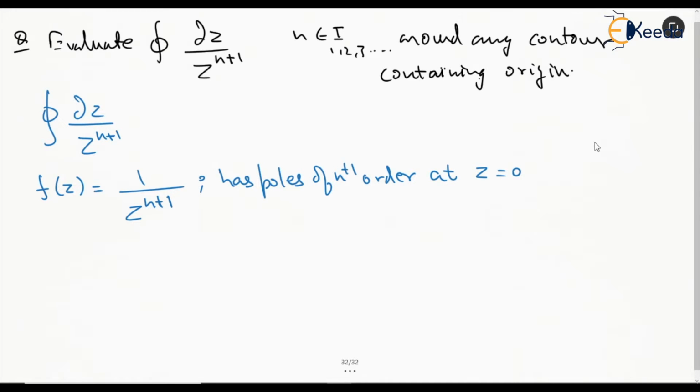Correct? This denominator is z to the power of n plus 1, so z equal to 0 will be treated as the pole, and the order of the pole is n plus 1, and obviously we have a contour which has the origin.